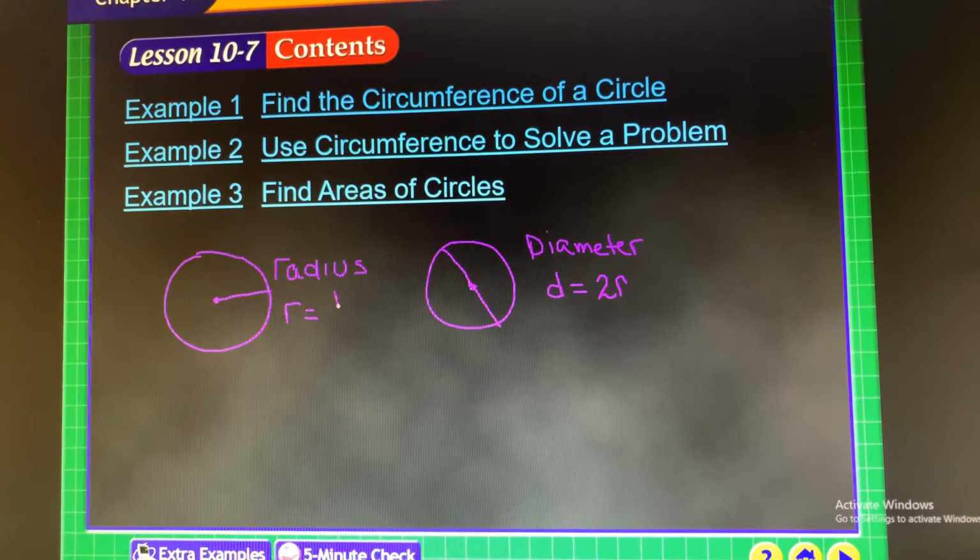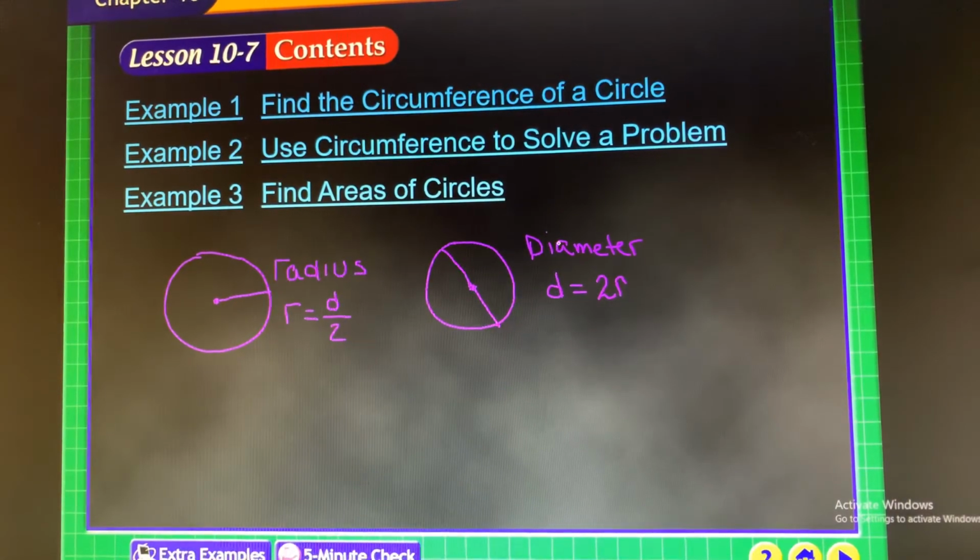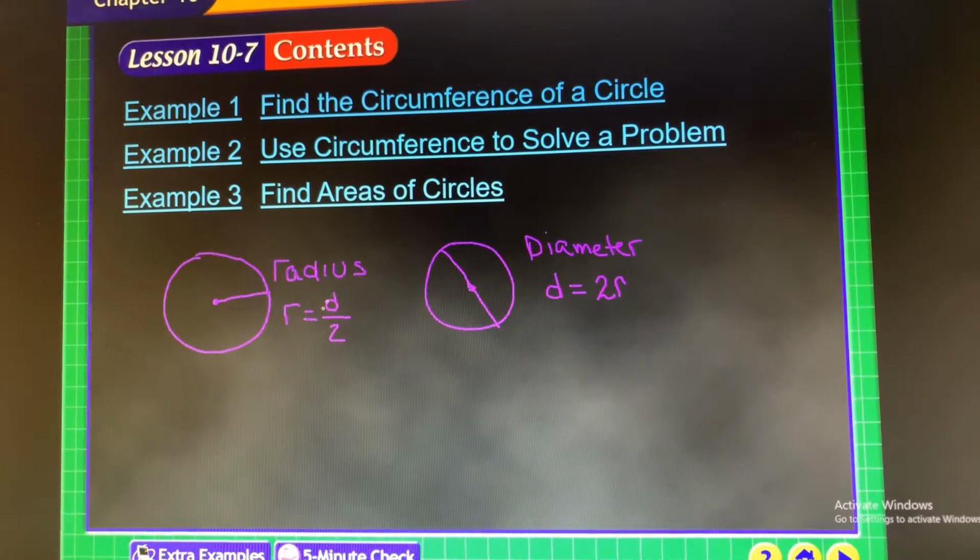So if I gave you the diameter, and you took the diameter and divided by 2, I would have my radius. Both the radius and the diameter are important when finding circumference and area of a circle. In order for us to use the formulas properly, we would need to know the radius and diameter of a circle.